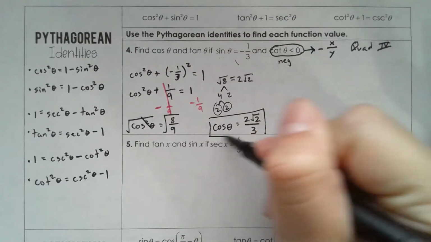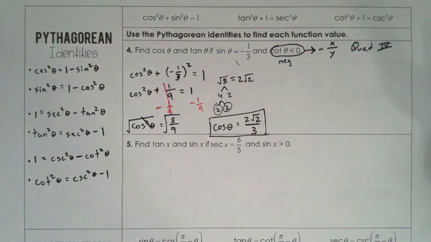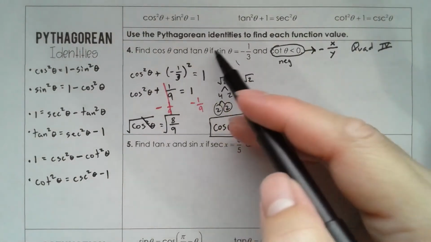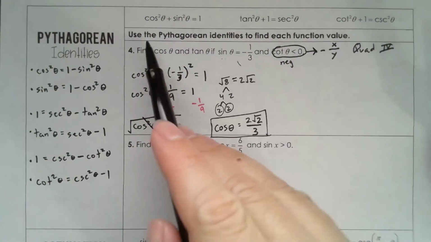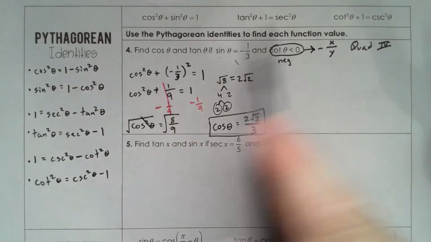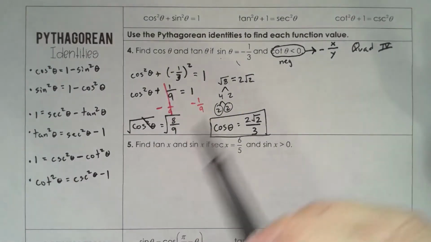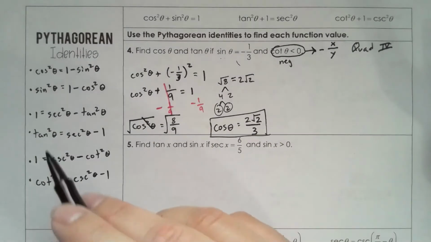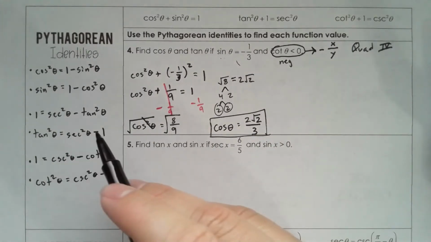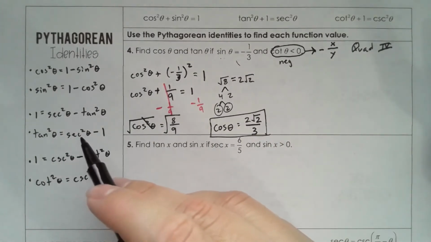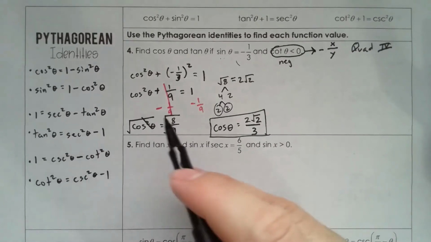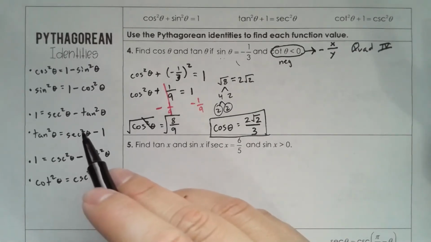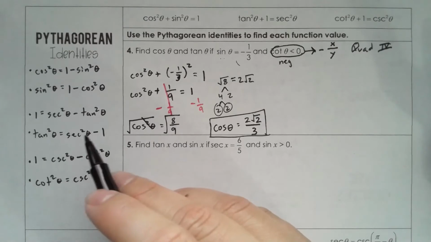Now I'm going to need tangent theta. So you look up here, right? It says I have to use a Pythagorean identity, so I have to use these guys here. To find tangent theta, I'm going to plug into this formula here. They're asking for secant theta, but I know what secant theta is because I have cosine. Secant theta is the reciprocal of cosine. So if I have cosine, I can just take the reciprocal of that, and that gives me tangent.